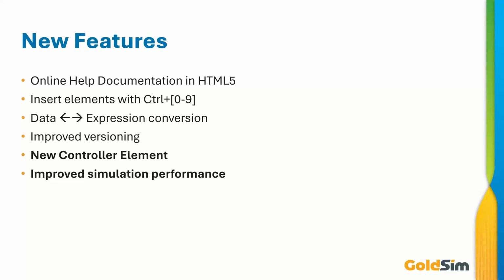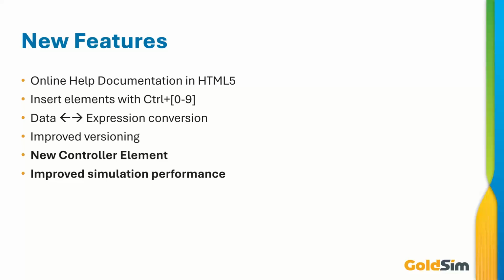The next one is the ability to transform between data and expression. I'll demonstrate that just in a bit. And then we've improved our versioning capabilities. I don't know if you've used versioning very much, but I'll demonstrate how we've added a little bit more to that just to make it a little bit more detailed and user friendly. And then a big one that I wanted to mention is this new element called the controller, mainly for controlling flows, but it could be controlling various other aspects of a system.